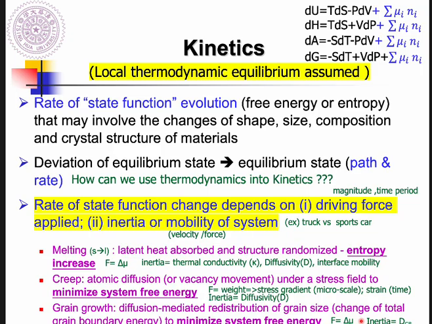So this is the idea: even if the chemical potential gradient is similar, the final factor that determines the grain growth rate is also the diffusivity of the grain boundary.